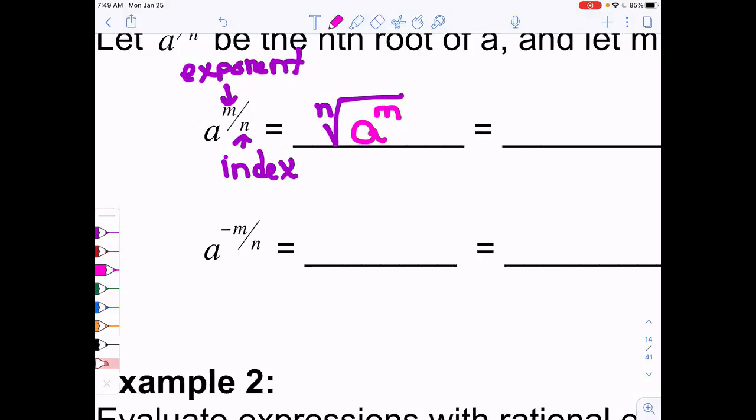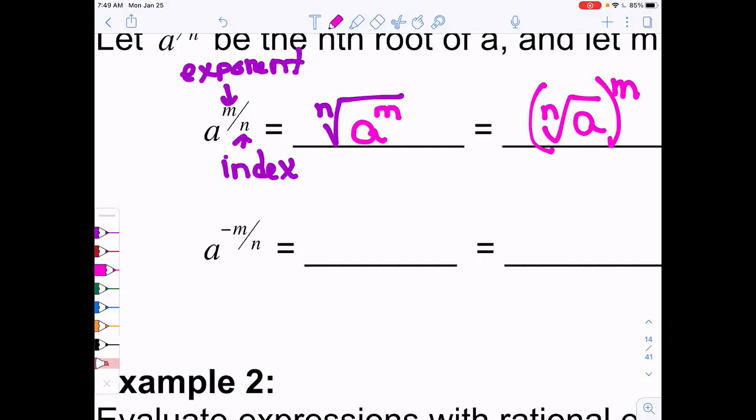That can be the same as the nth root of a all raised to the m power. And we did some problems like that where we were applying that property. That's the power property that we applied last Tuesday when we started doing the radicals. So the index is the denominator. The exponent is the numerator of our rational exponent.